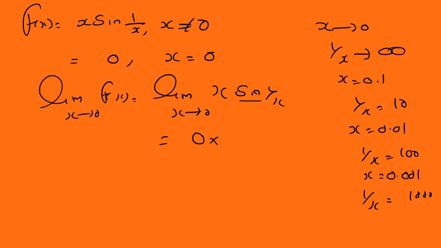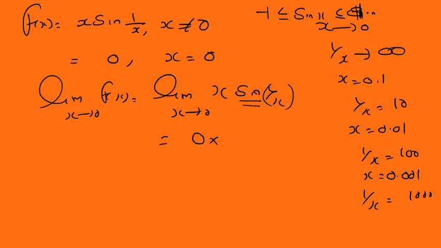പക്ഷെ ഇവിടെ സൈൻ ഓഫ് 1 by x അല്ലേ? സൈനിന്റെ മാക്സിമം വാല്യൂ എത്രയാ? 1. മിനിമം വാല്യൂയോ? -1. സൈനിന്റെ വാല്യൂ ഓൾവേസ് ബിറ്റ്വീൻ +1 ആൻഡ് -1.